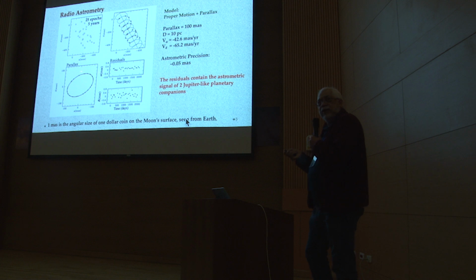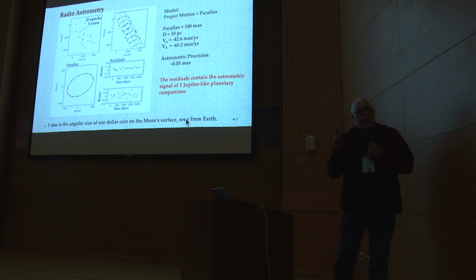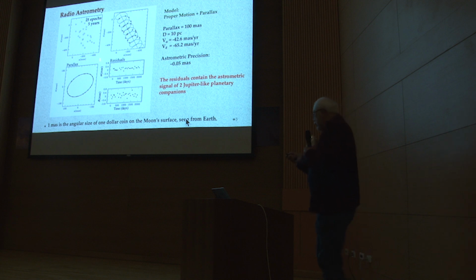So there is something there. And I know that there are 2 planets orbiting this star because these are synthetic data I made. So I put the astrometrical signal of 2 Jupiter mass planets. So this is the kind of signal that we have to look for. We have to dig inside this to look for exoplanets.